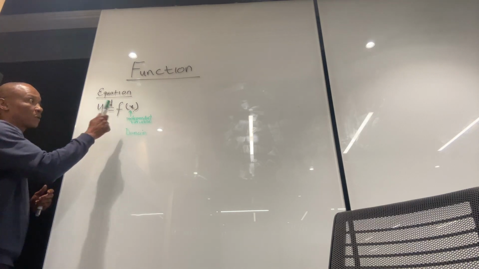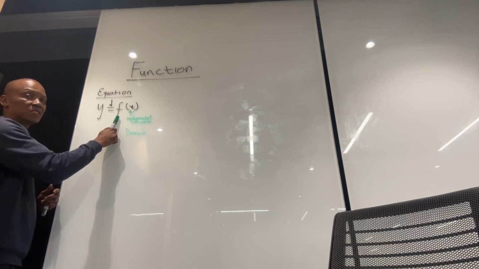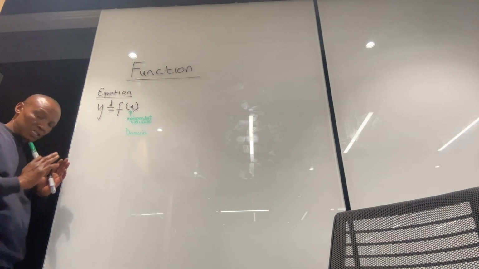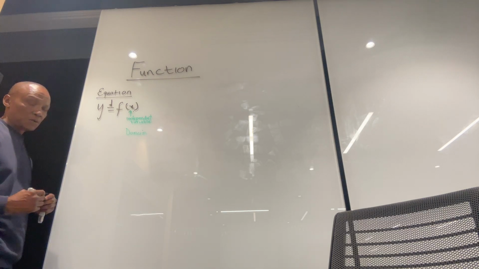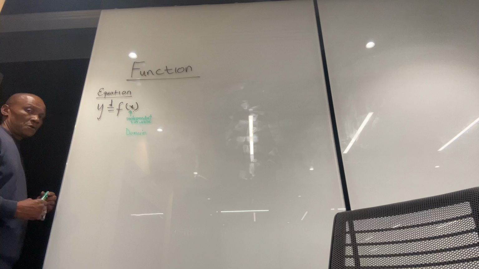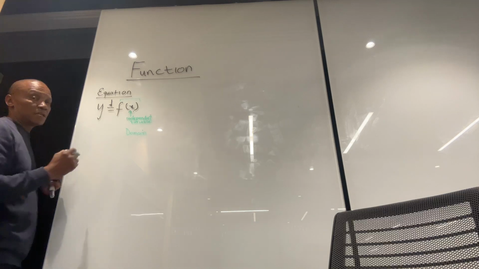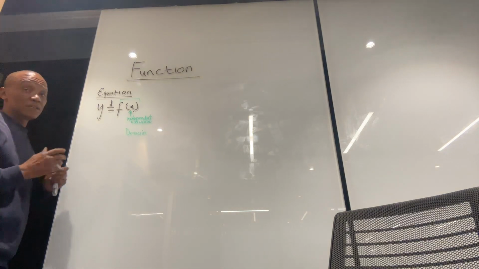Now, f is a function that is expressed in terms of x. So I choose to look at it firstly from the right hand side and read it. Anyone can say y is equal to f of x.